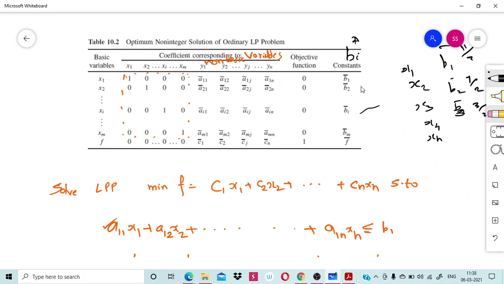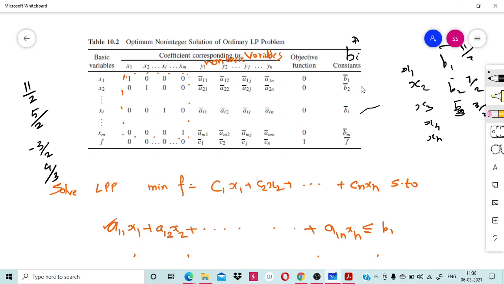For example, you have to observe this bi bar column, b1 bar, b2 bar, etc. Suppose I got 11 by 2, then 5 by 2, then minus 3 by 2, and 4 by 3, like that.